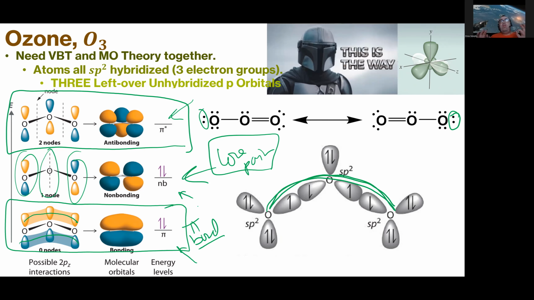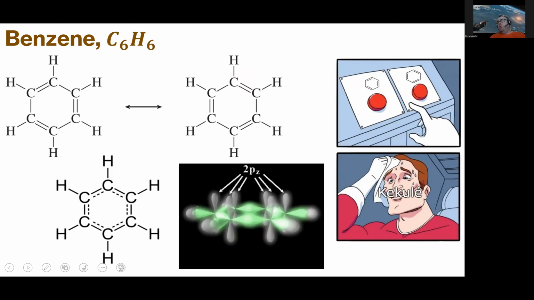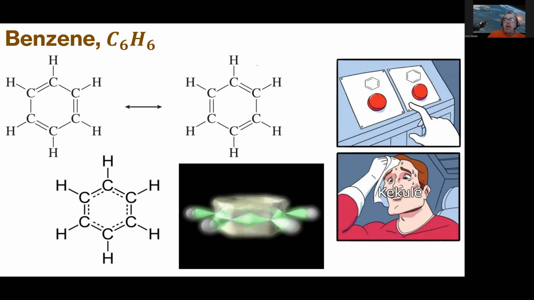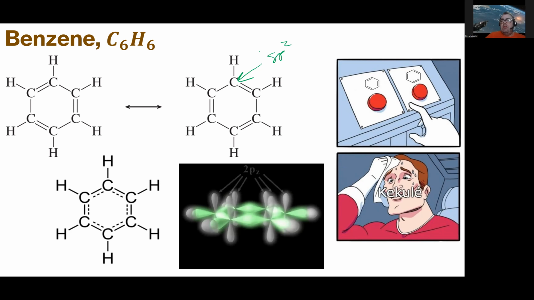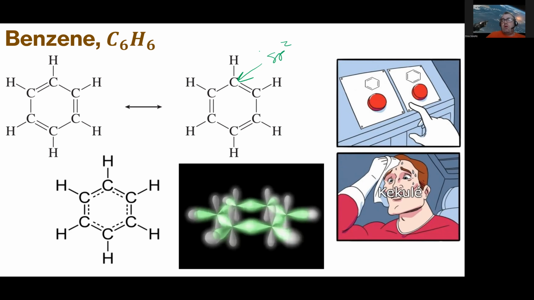The only huge thing I want us to get out of this is to remember that molecular orbitals explain the resonance and explain why we have delocalized bonding. We can take this to an extreme and think about benzene. We talked a little bit about benzene before, maybe when we talked about resonance. Every one of these carbon atoms is sp2 hybridized, so every one has a leftover p orbital.